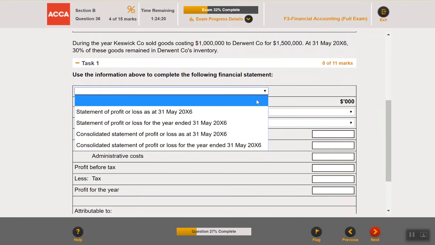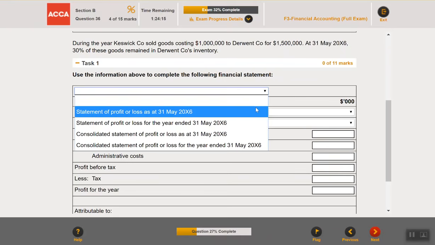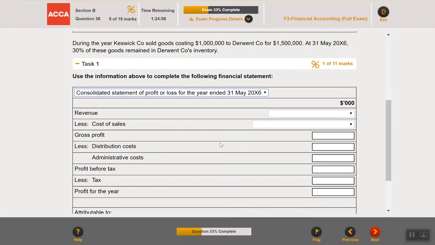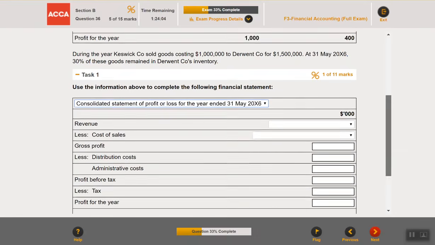Statement of profit or loss, no. Statement of profit or loss, no. Consolidated statement of profit or loss. Asset is used with SFP. Consolidated statement of profit or loss for the year ended, yes. Okay, revenue.